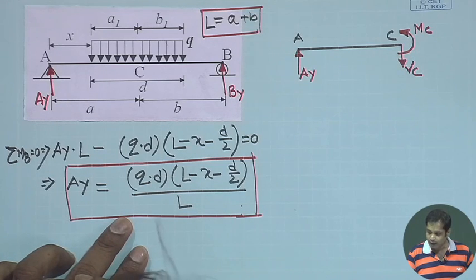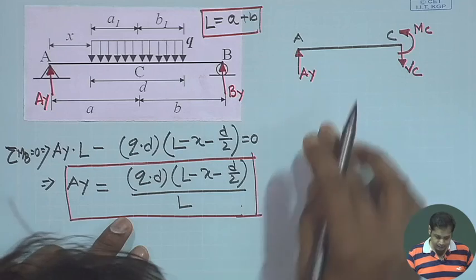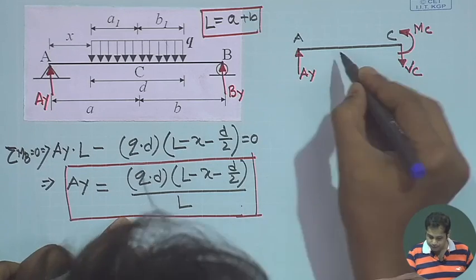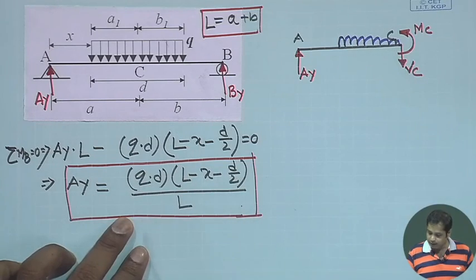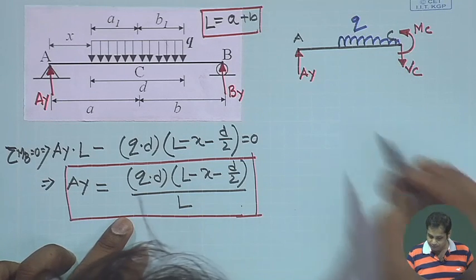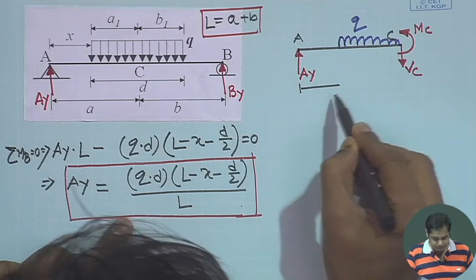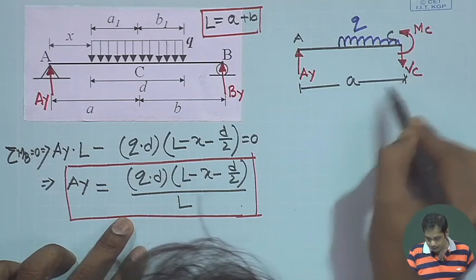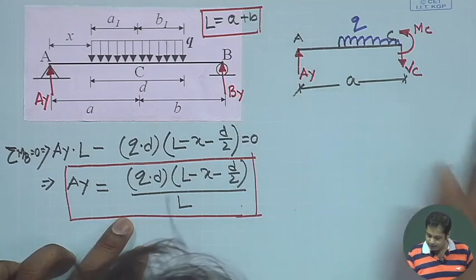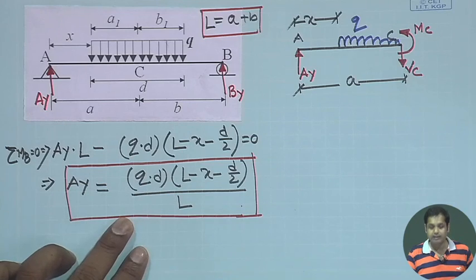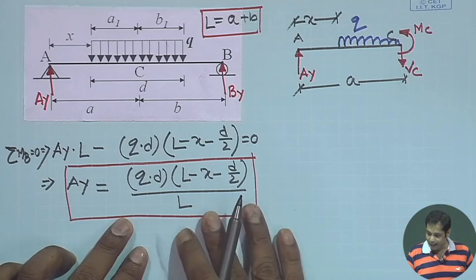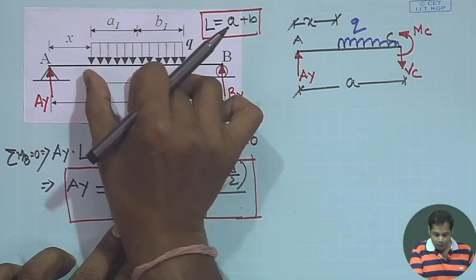Anything else? Yes, we have this distributed load also, whose intensity is Q. This distance is A, this distance is X, and this distance is A1.